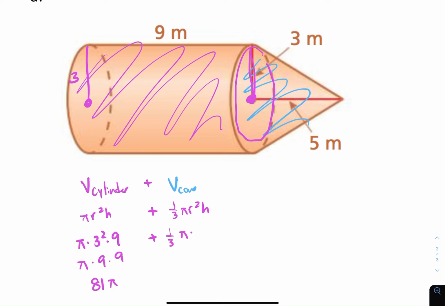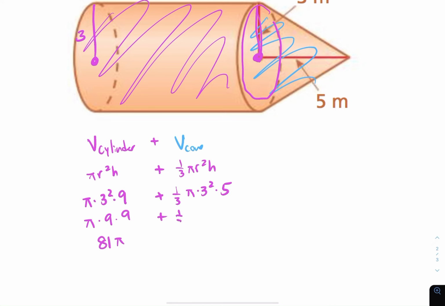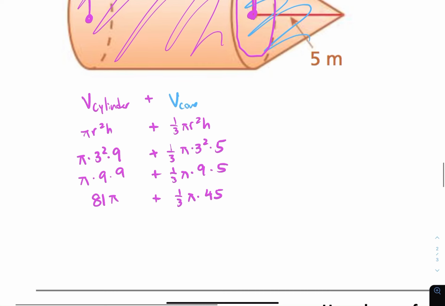Pi times 3 squared. The height is 5. Right, so if the height is 5, I can multiply all of that out. So 1/3 pi times 9 times 5 is 1/3 pi times 45, because 9 times 5 is 45. If I multiply these two, I get 15 pi.